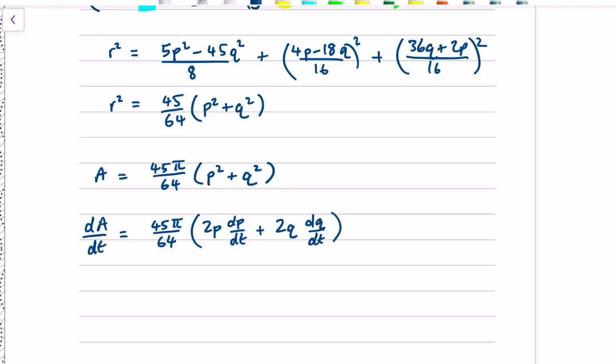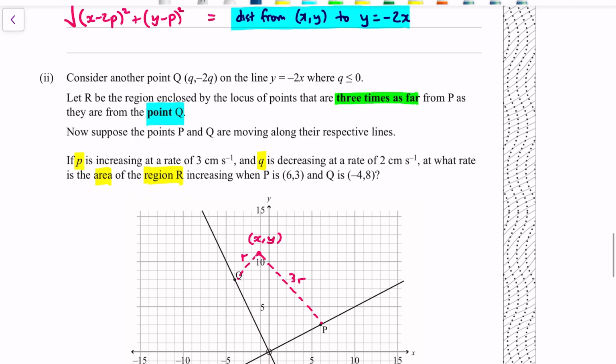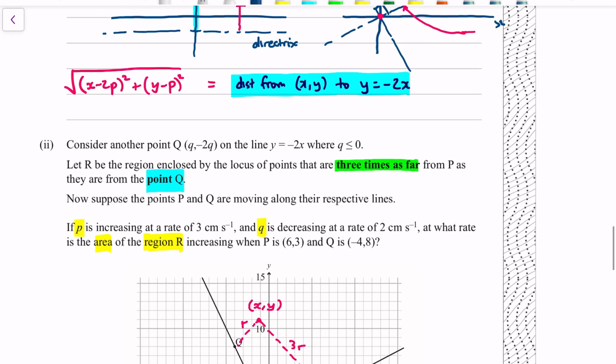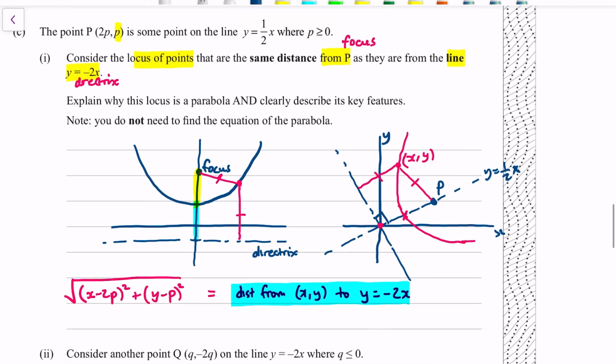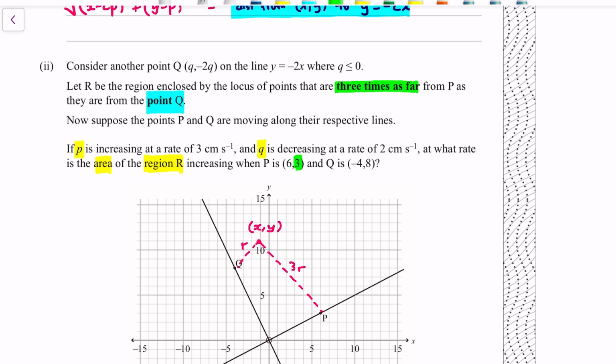Now that equation is all good for substituting in, because the original problem told us that at the position when p is equal to, I've got to be careful again here, little p was the y value. So when little p is equal to 3 and little q is equal to minus 4.